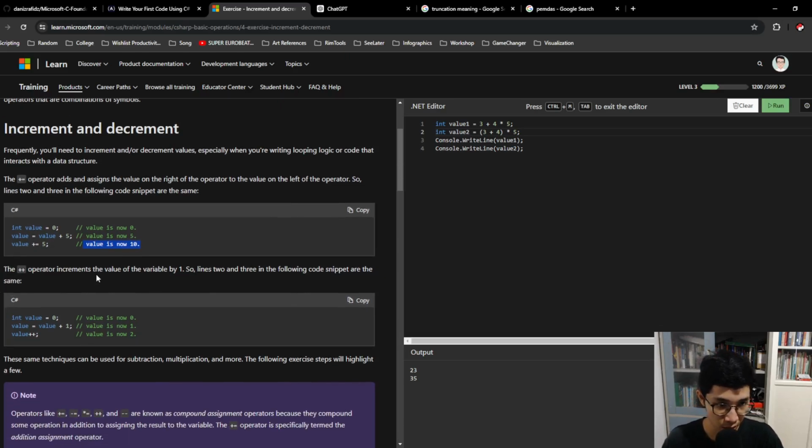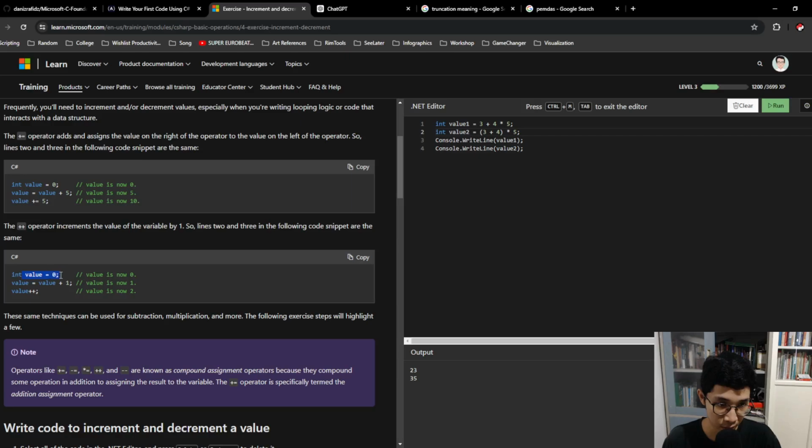The plus plus operator increments the value of a variable by 1. There is more symbol here: before it was plus equal, but right now it is plus plus. It means it increments the value of the variable by 1. So lines 2 and 3 in the following snippet are the same. Integer value is 0, then it is plus a literal integer 1.